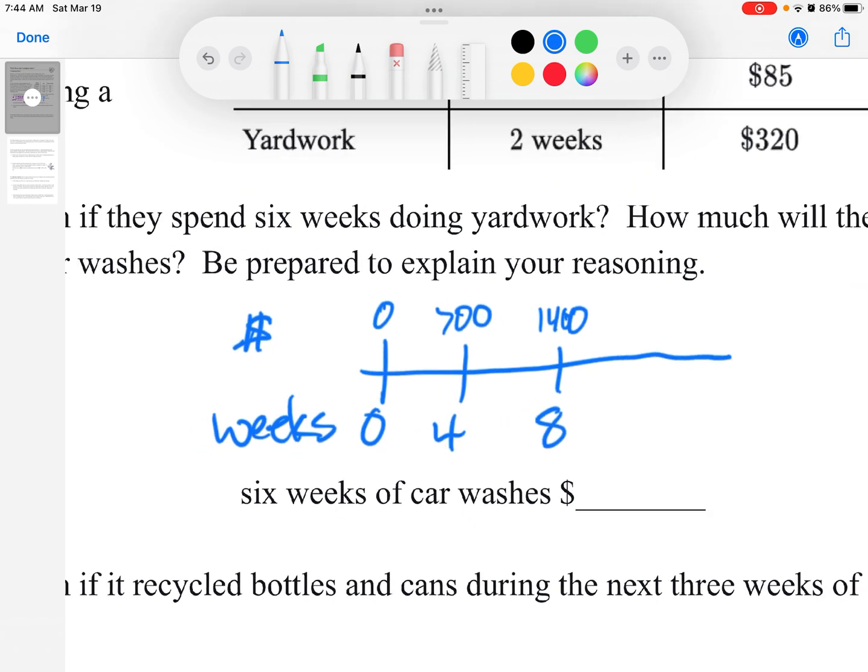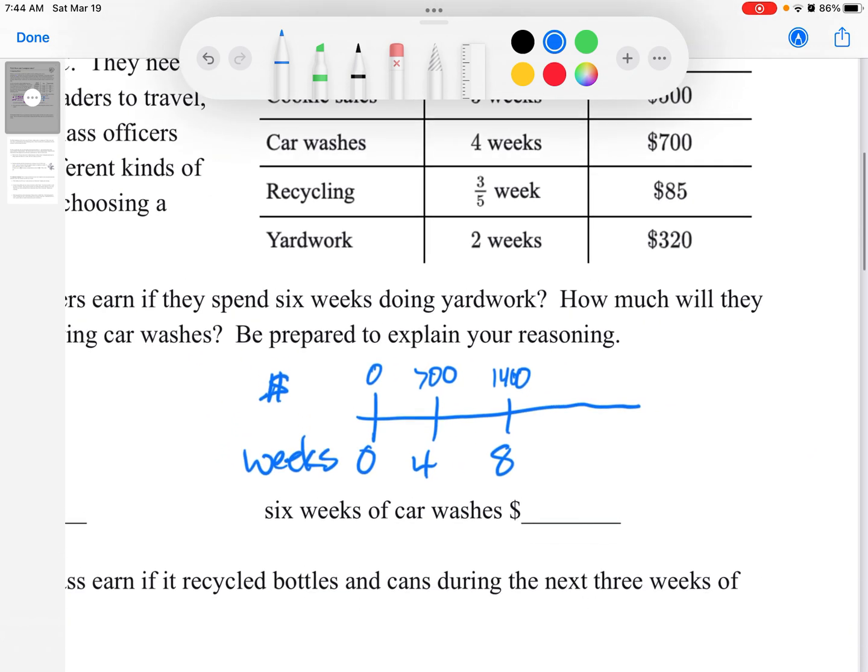And sometimes it's easy to find that in between, but other times we can just do little things like this. Do another 4 weeks to get to 12, and we get $2,100, right? And what that allows us to do is to find out if we cut this in half, we can get 6 weeks. $2,100 cut in half.